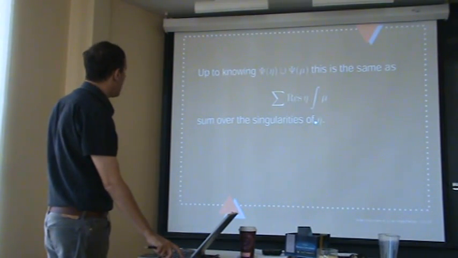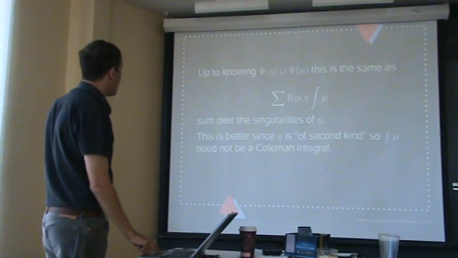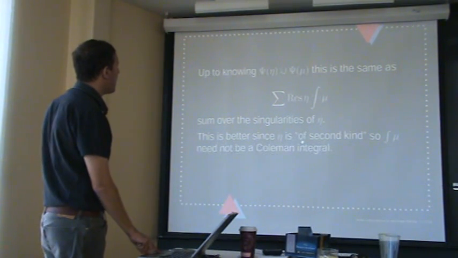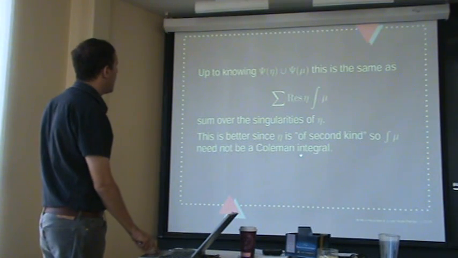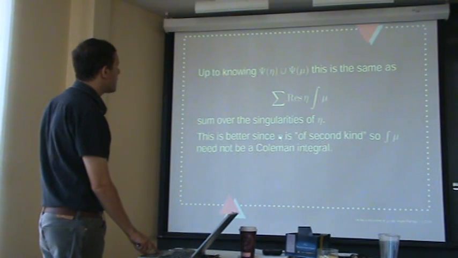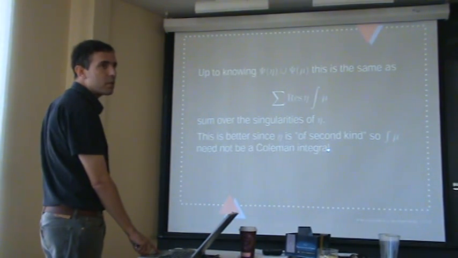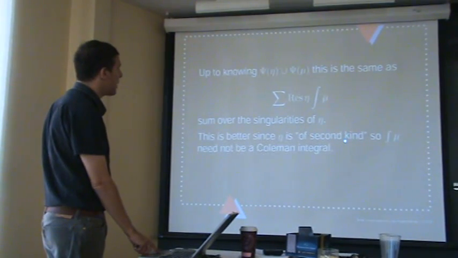Now here, the point is that after doing all of these manipulations, somehow this is better because eta now is of the second kind. So the integral of mu, I only need to compute locally and not as a common integral. It's again the same trick.